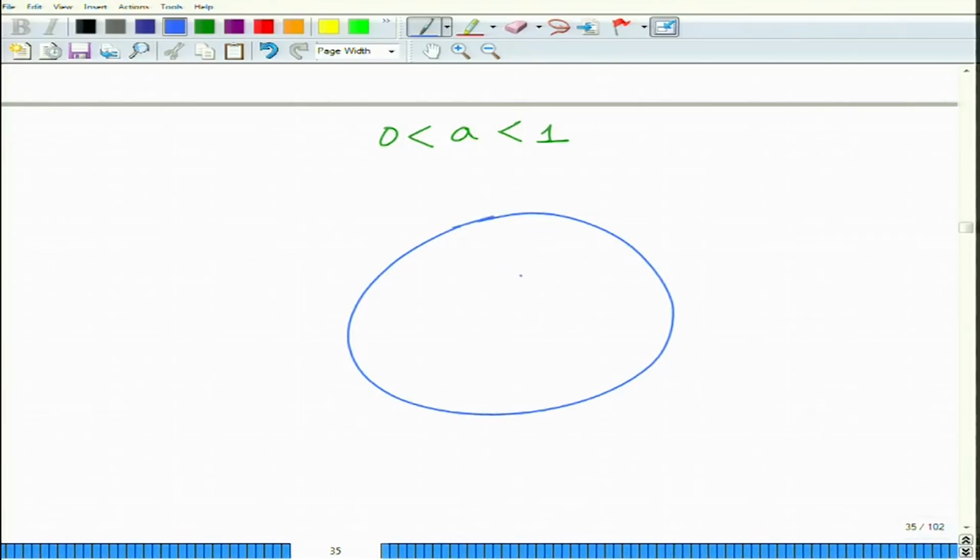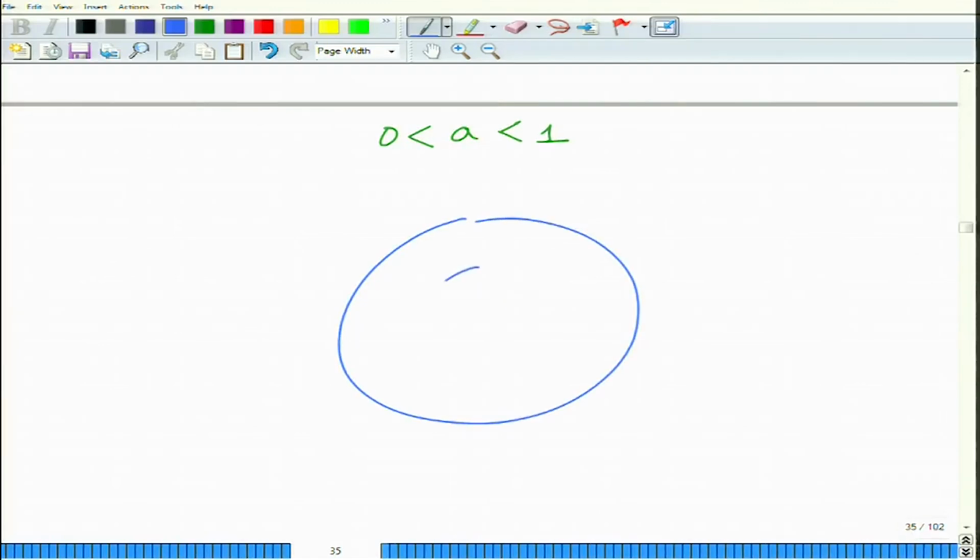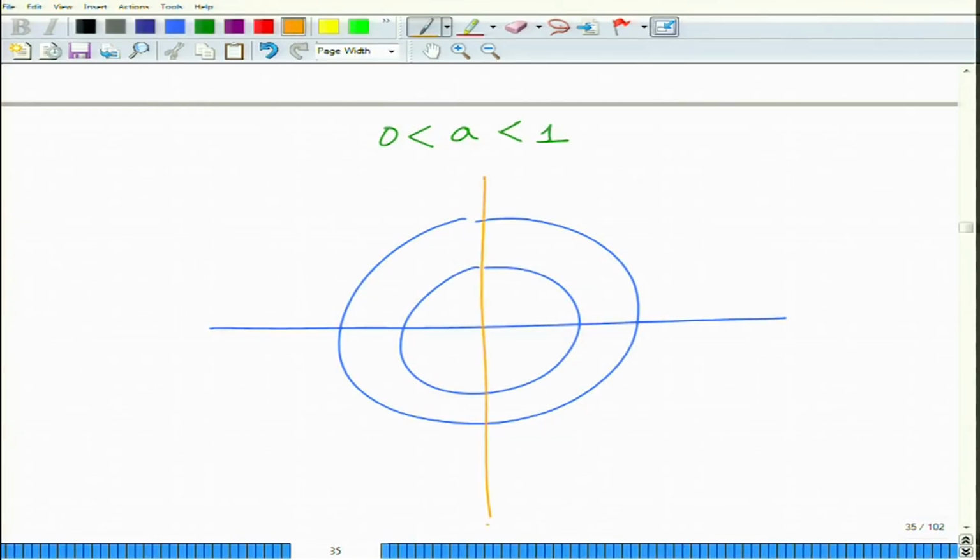We are assuming that the magnitude of a is less than 1.